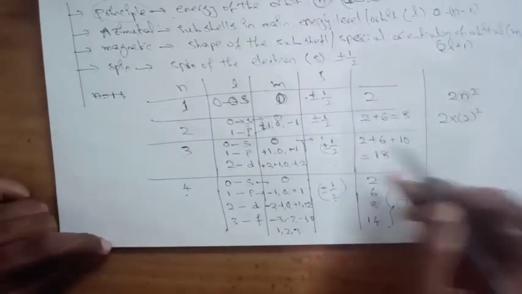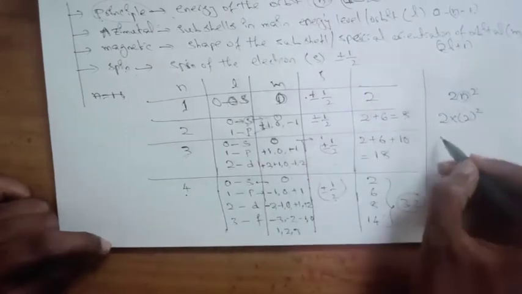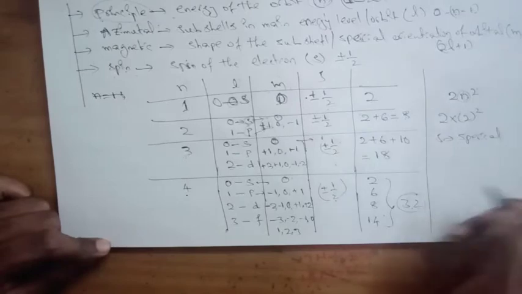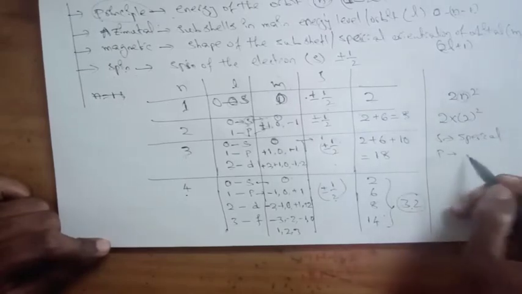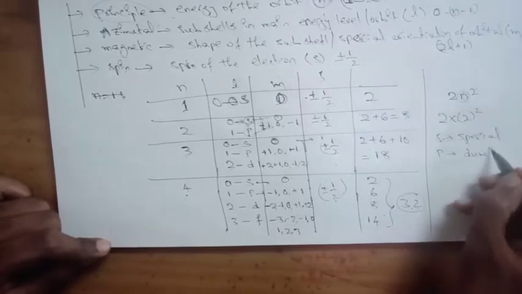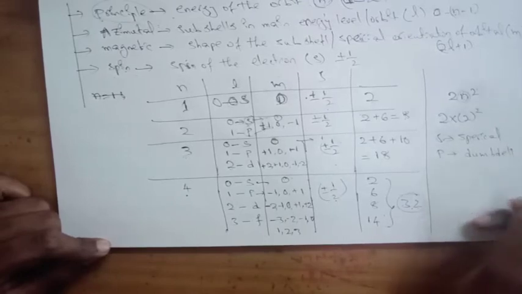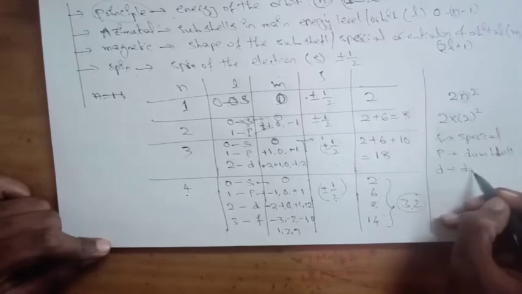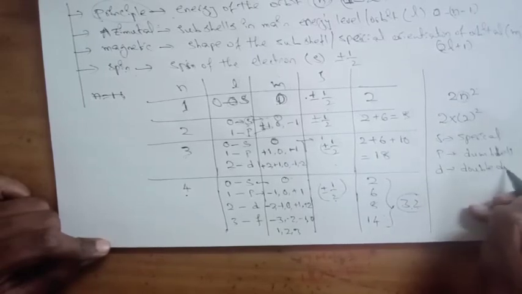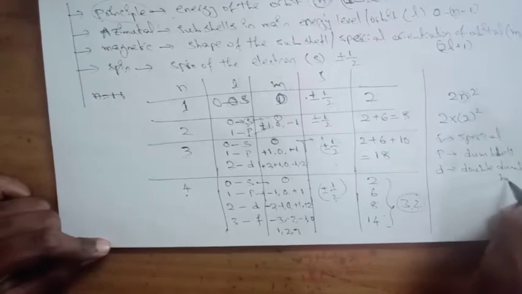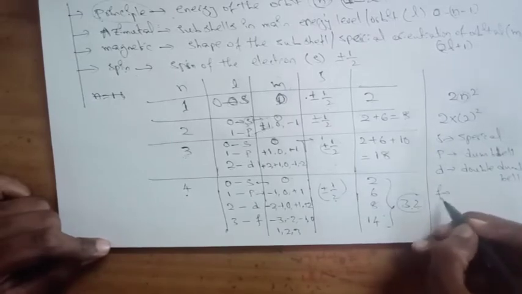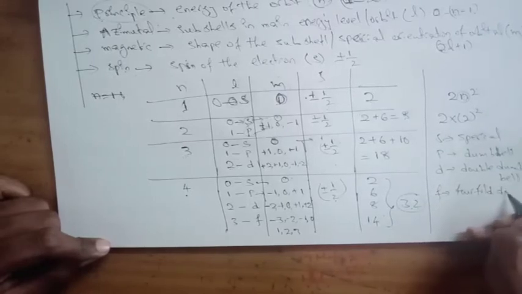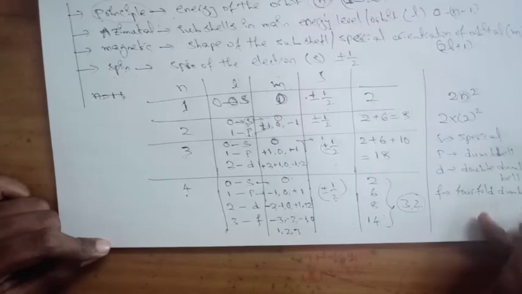Another thing we have to consider: the s orbital is spherical in shape, the p orbital is dumbbell shaped, the d orbital is double dumbbell shaped, and the f orbital is fourfold dumbbell shaped.